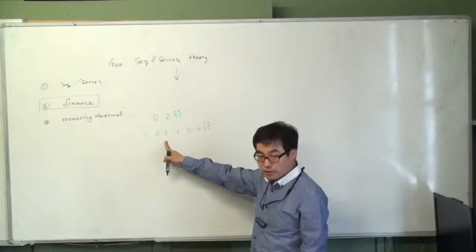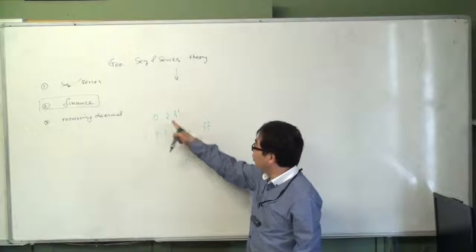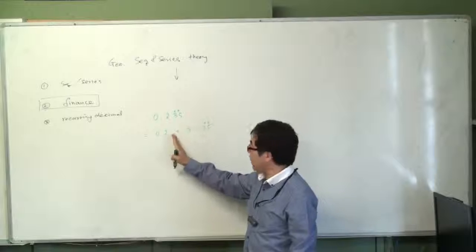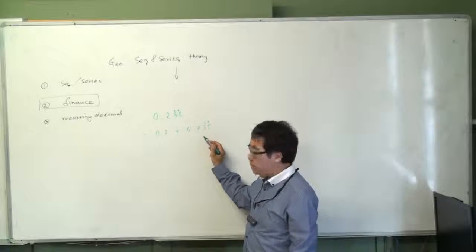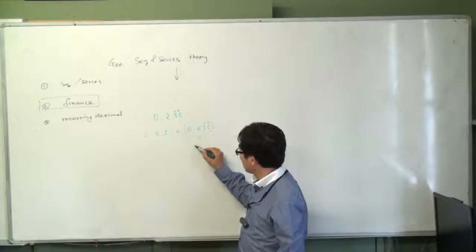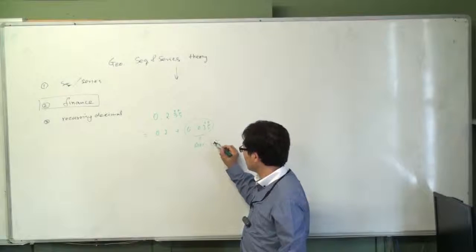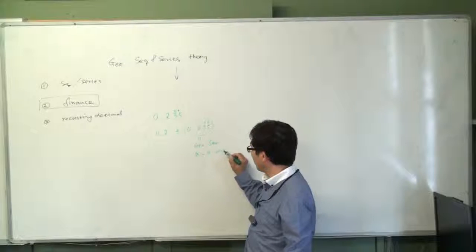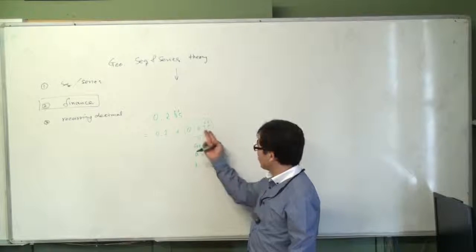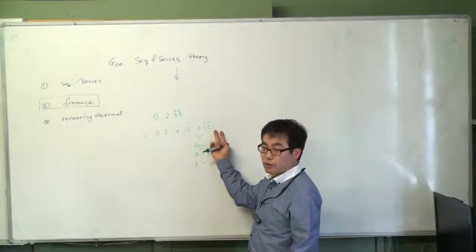So leave that alone and do this. The whole thing is not a geometric sequence, but if you take that part out, that is a geometric sequence. In this case, it's a geometric series with a equals 0.035. What's r? Because there are two terms repeating, r is 1/100.